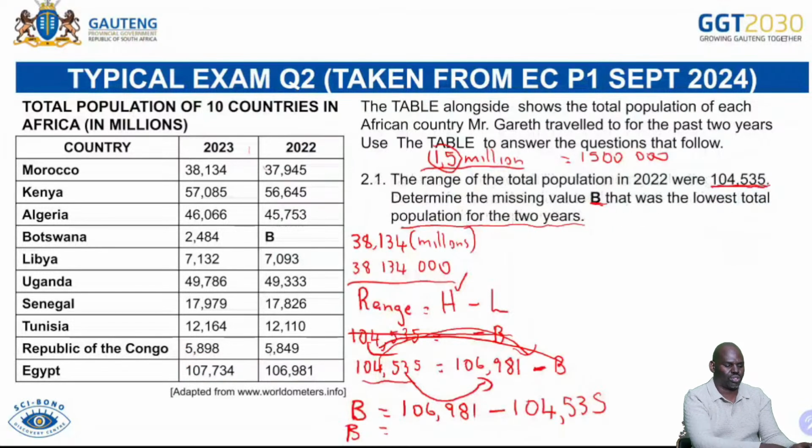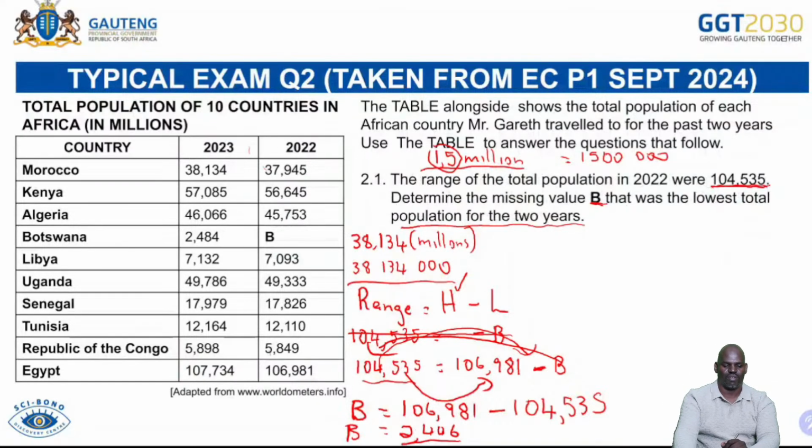106,981 minus 104,535. This is what I'm getting: 2,446.